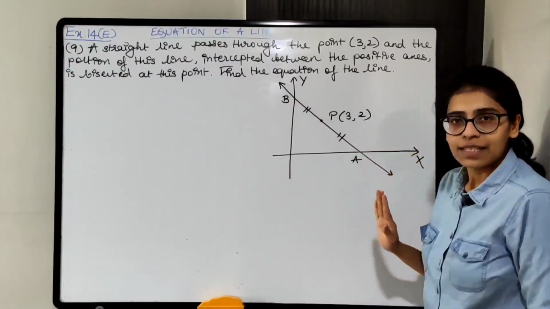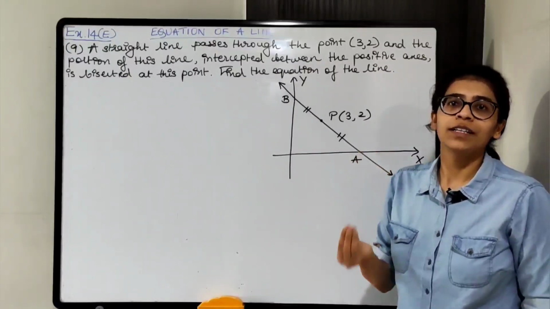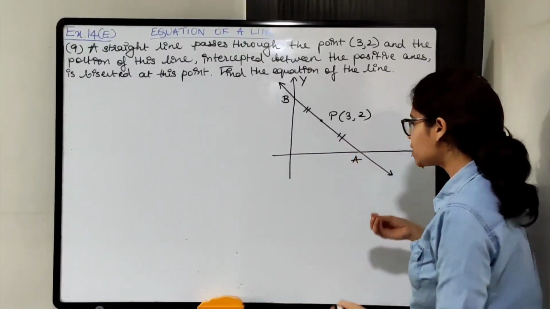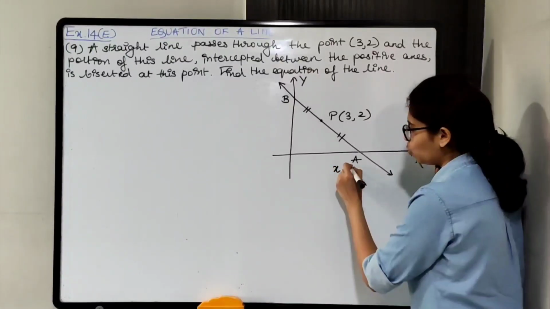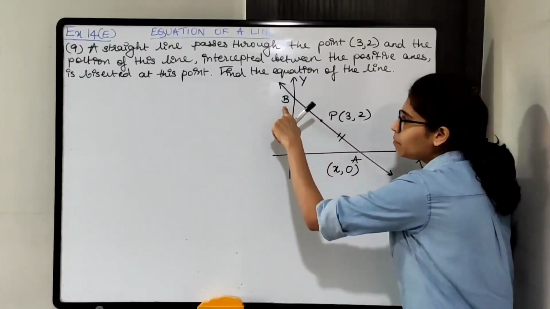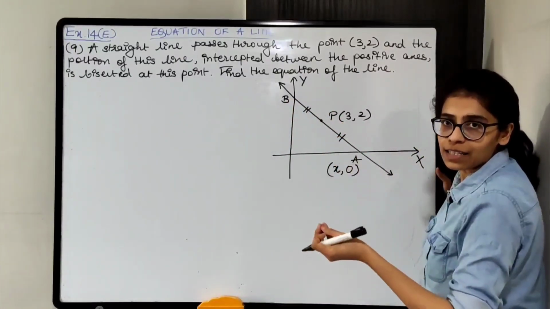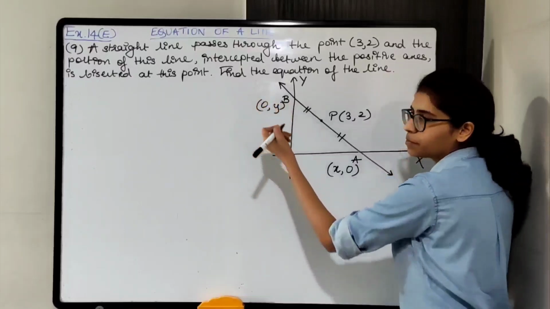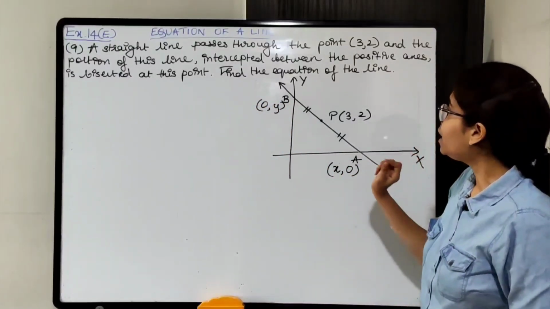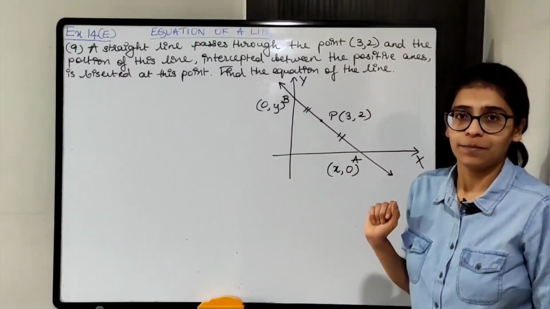A is lying on the x axis, so what will its coordinates be? It will have some x coordinate, but the y coordinate will be 0. Same way for B, it is lying on the y axis, so the x coordinate will be 0 and it will have some y coordinate, right? We need to find the equation of the line.